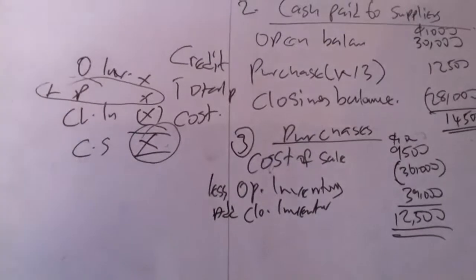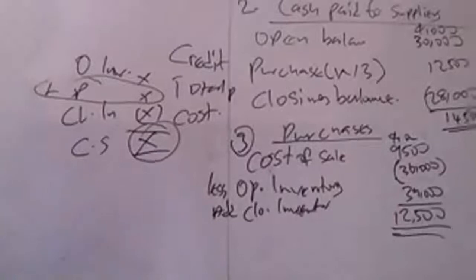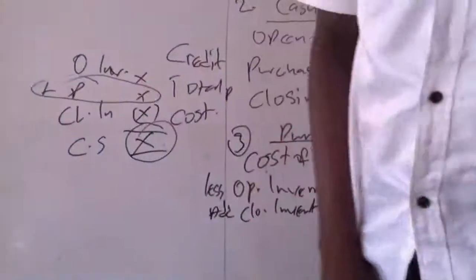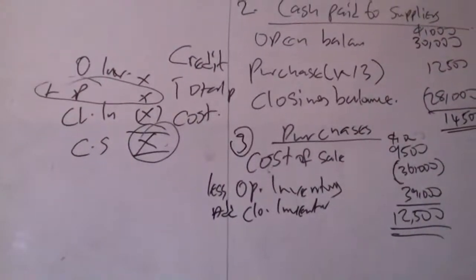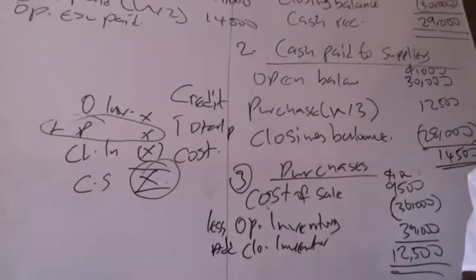Please, what next? So you go to expenses paid. Operating expenses paid. What's operating expenses? You pick the operating costs of the entity.